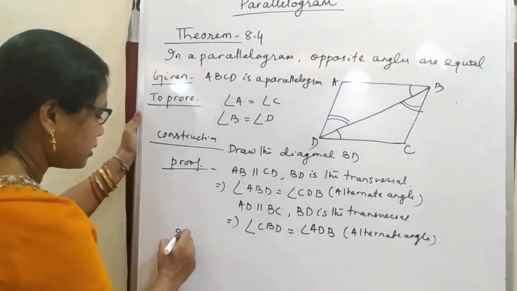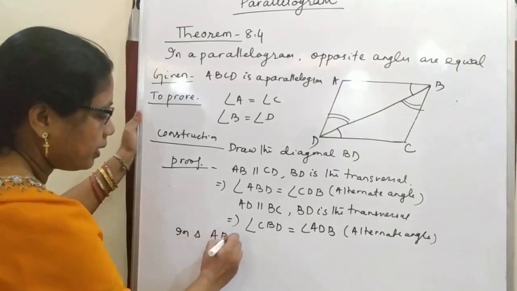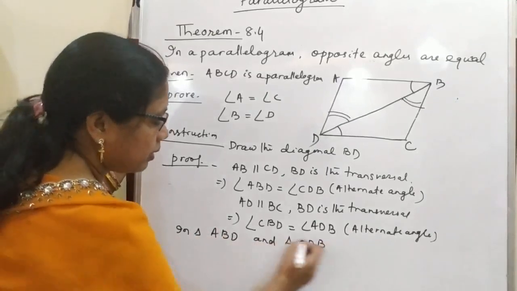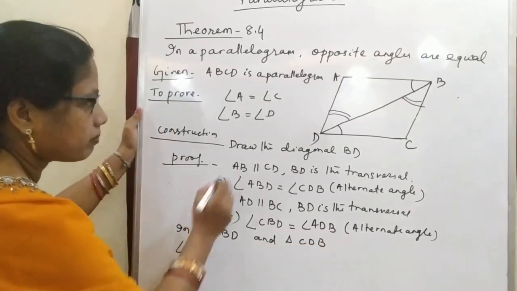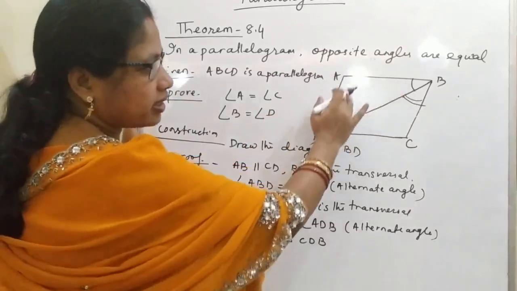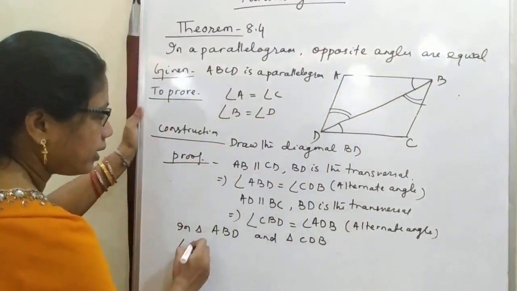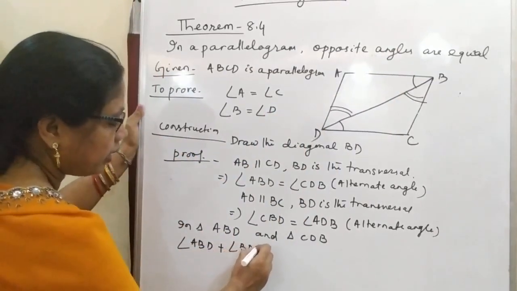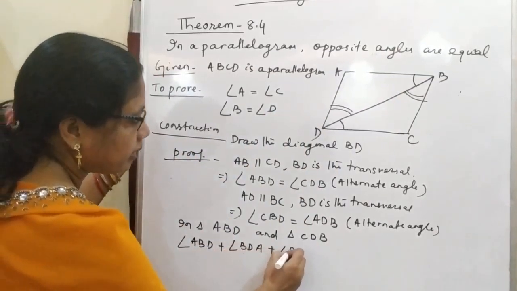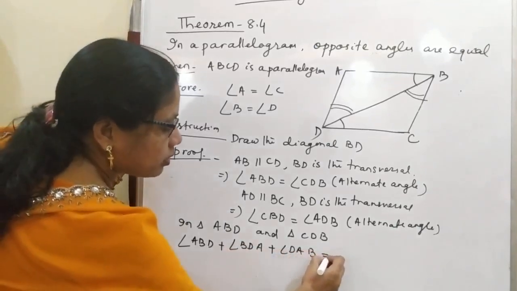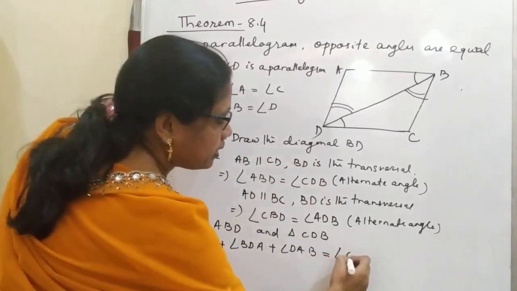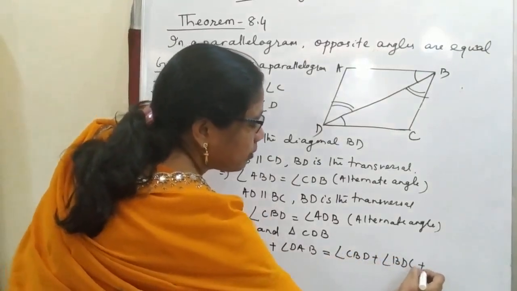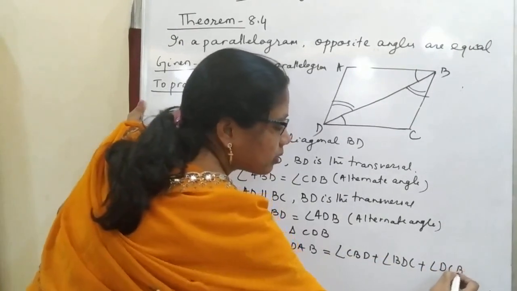So this implies in triangle ABD and triangle CDB, angle ABD plus angle BDA plus angle DAB is equal to angle CBD plus angle BDC plus angle DCB.